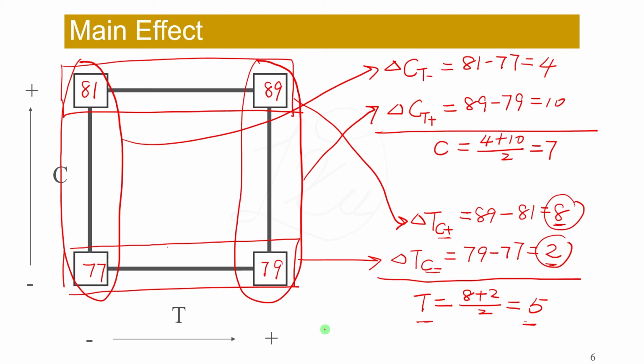So one half of that difference, 8 minus 2 divided by 2, equals 3. This is called the temperature by concentration interaction, and it is denoted by T by C. So the interaction effect between the temperature and concentration is 3%.